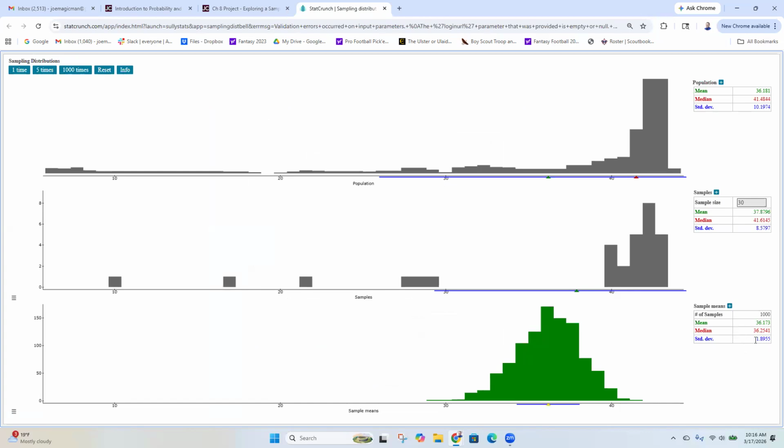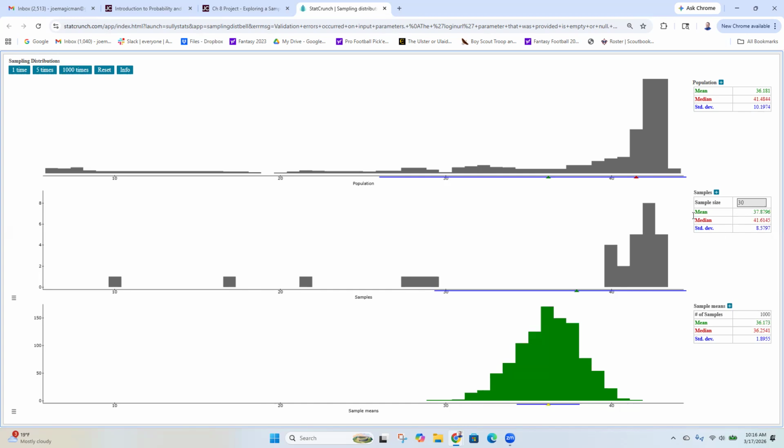The reason why is because the standard deviation for a sample distribution is not called the standard deviation, it's called the standard error. The formula for it is you take the standard deviation from your population and divide by the square root of your sample size.